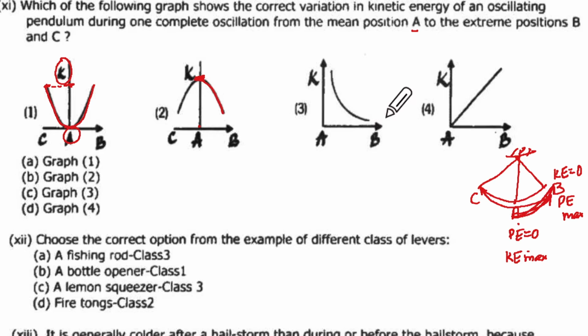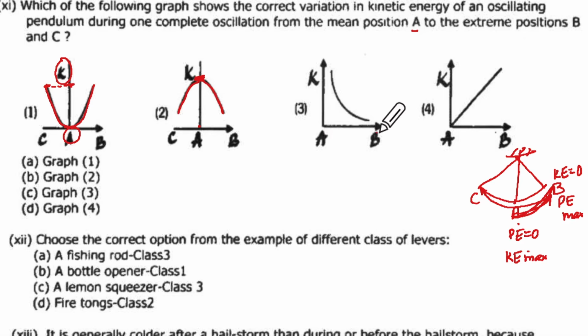Now here what is this? K. So from K to C also it is going from maximum to minimum.